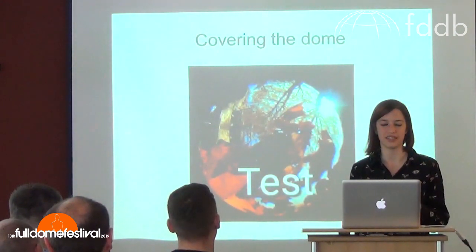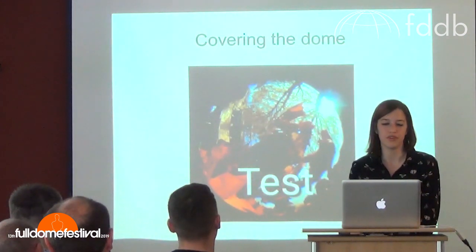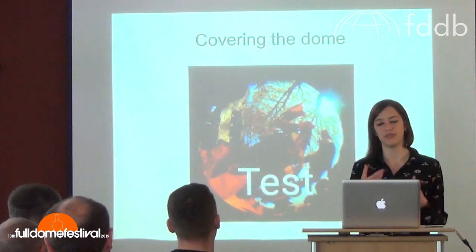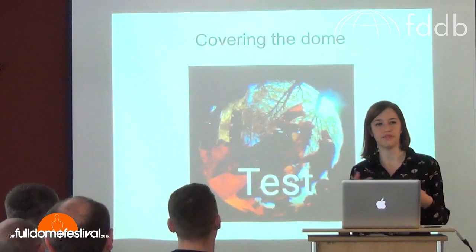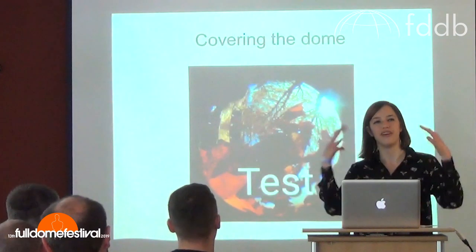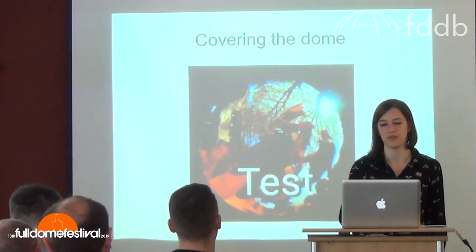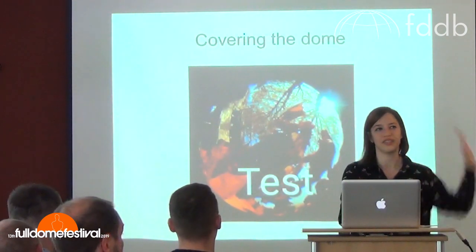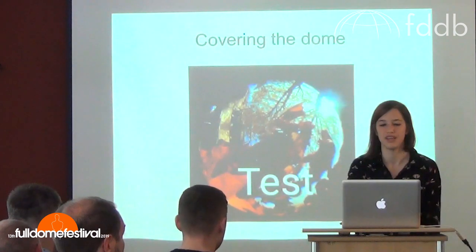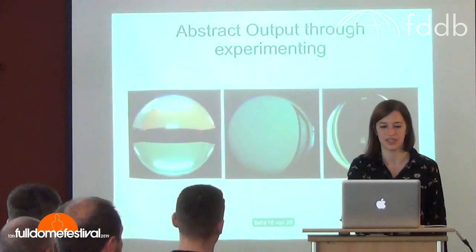But what is nice, I think, is that it's easy to cover the dome with things. So here, for example, it was covered with leaves, and I think this really gives you an immersive impression when you are in the dome, when the dome is covered with things or things fly over the camera. And I like these moments, actually.